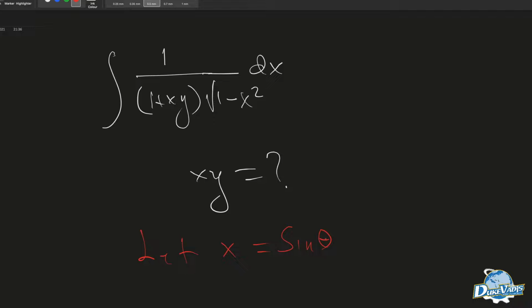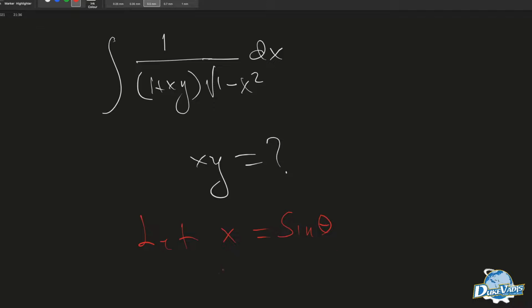Okay, sine of angle theta. If that is the case, then the differential of that will give us cos theta d theta. Okay, so we can use this as a substitution.